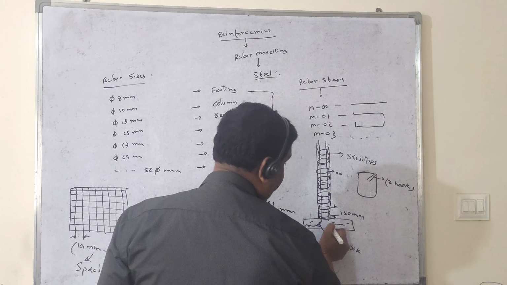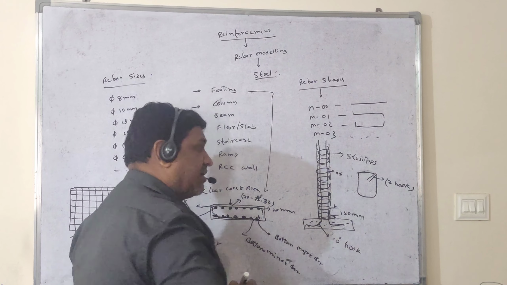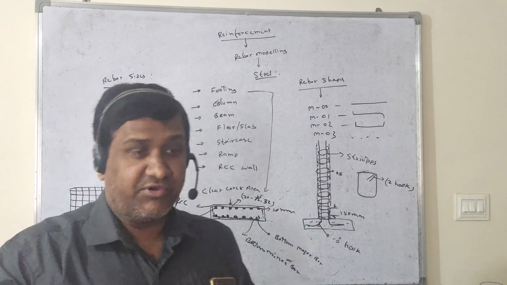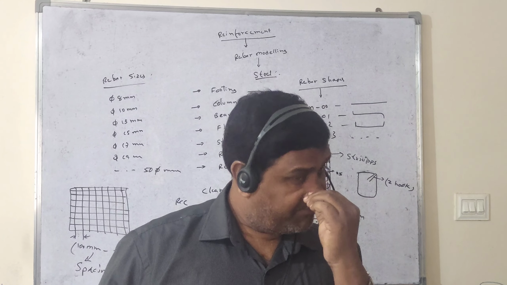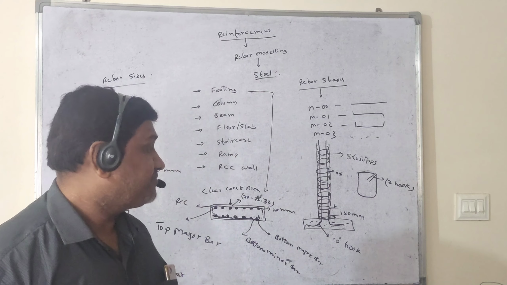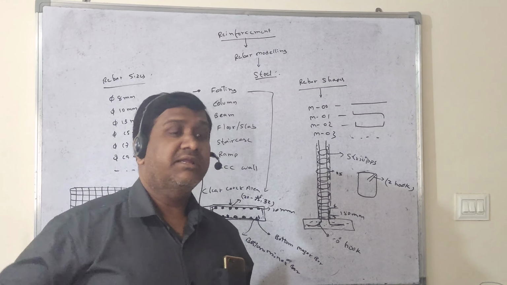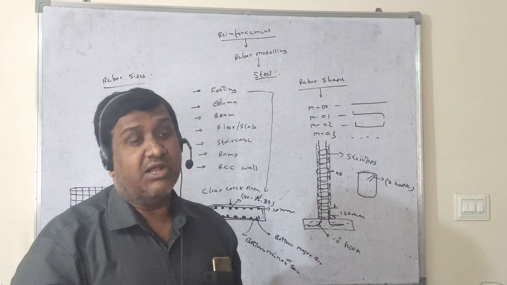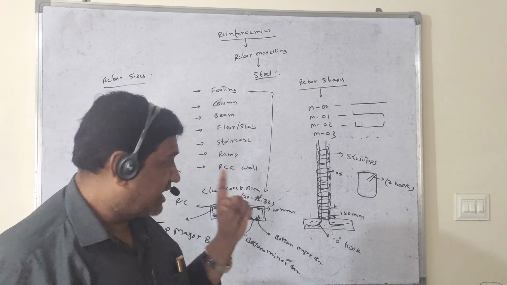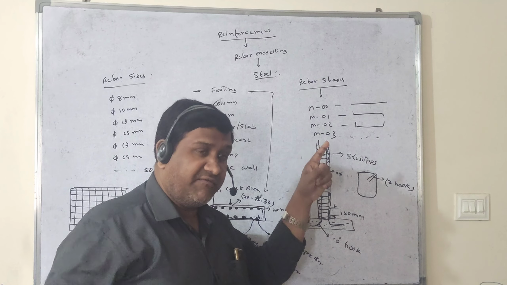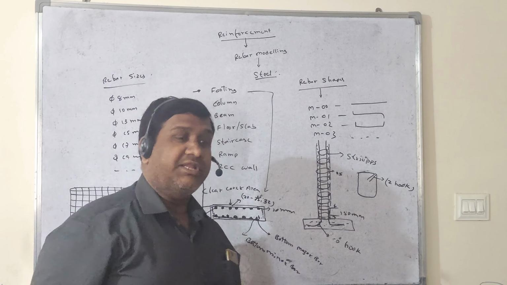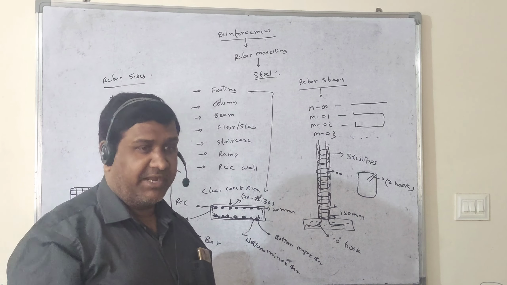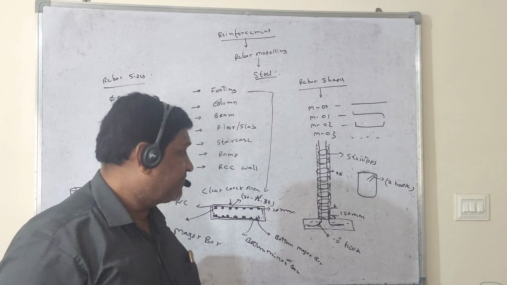We have to keep 150 mm spacing from stirrup to stirrup. This is the standard for the beam; we take it based on the design. We have to put the stirrup distance from one stirrup to another at a 150 mm gap, and the bar which comes from the top is inserted into the footings.